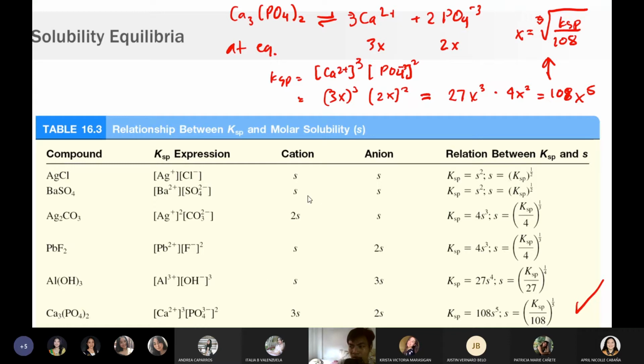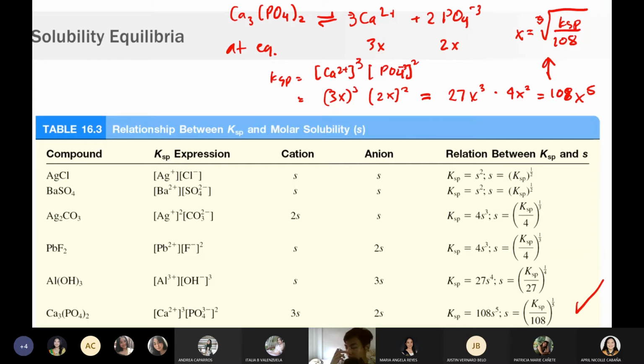Yung ating cation and anion. So, paano mo malalaman yun? No? Just look at the formula. Ilang cation mapoproduce mo dyan, ilang anion, then you will get the ratio. So, depending on the ratio, you have different ways to solve for the x. And all of those are rooted from the Ksp expression. So, makuha mo naman siya sa Ksp. Pero you can do the shortcuts, ha?